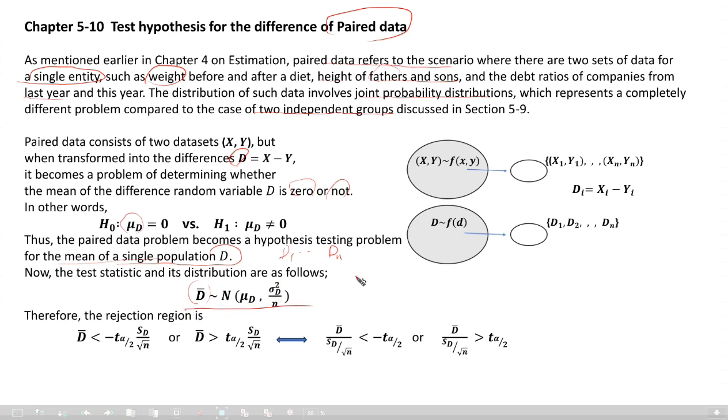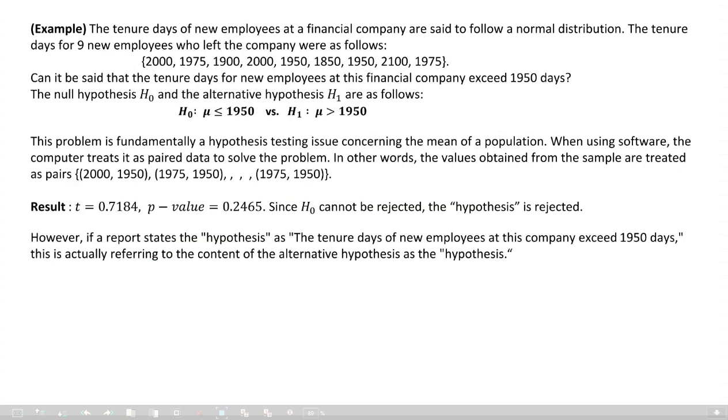So it is a one population problem. The rejection region for H0 is like this, equivalent to a one population hypothesis testing problem. It is simple, okay?